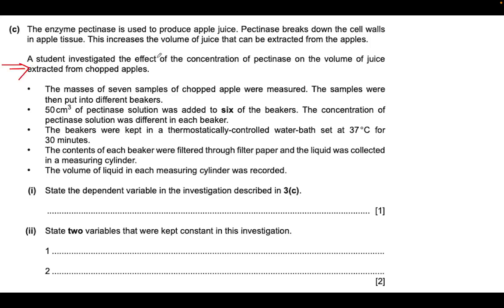Very important, like we saw the word effect. I told you what is always next to the word effect. A student investigated the effects of the concentration of pectinase. That means this is our IV, the independent variable, and we are going to change the concentration of pectinase on the volume of juice extracted. This is going to be our DV, which is our dependent variable.